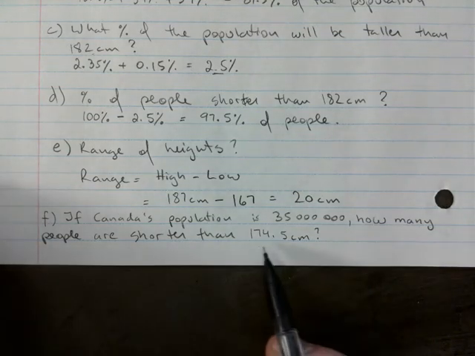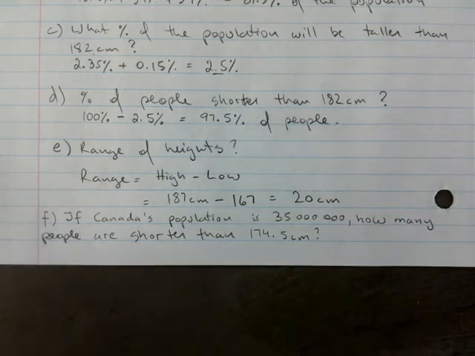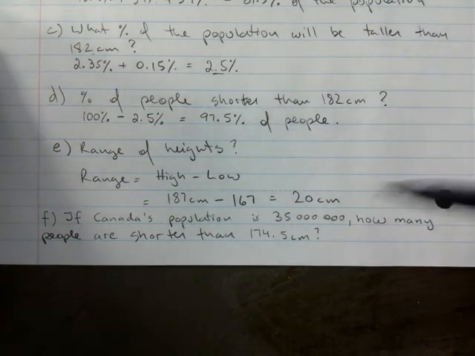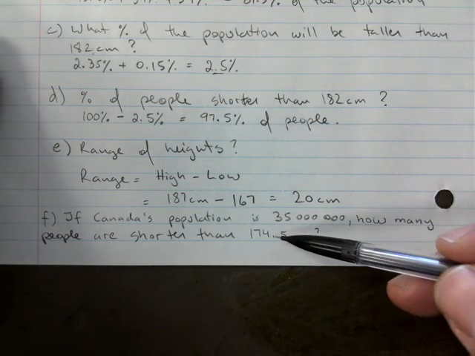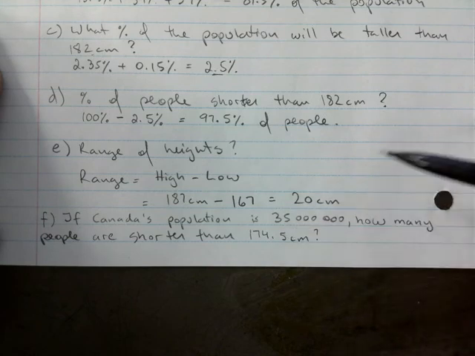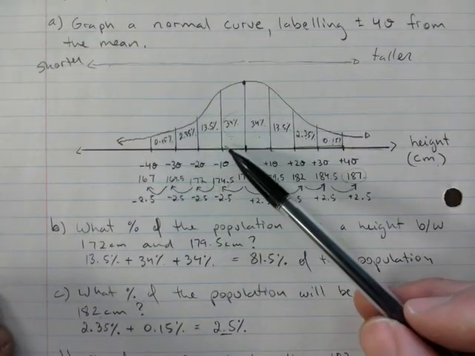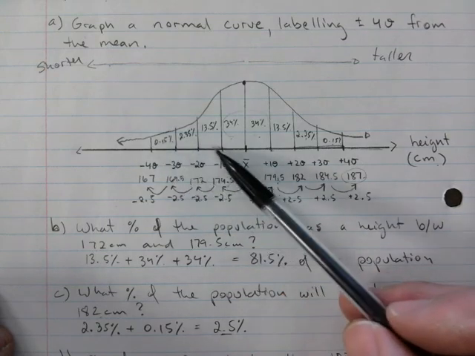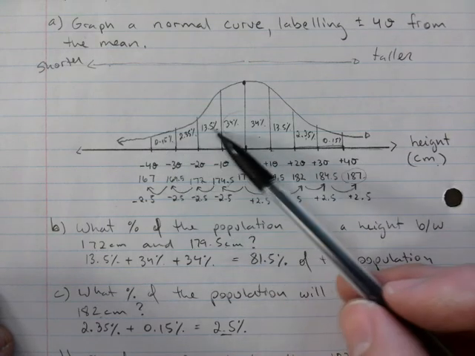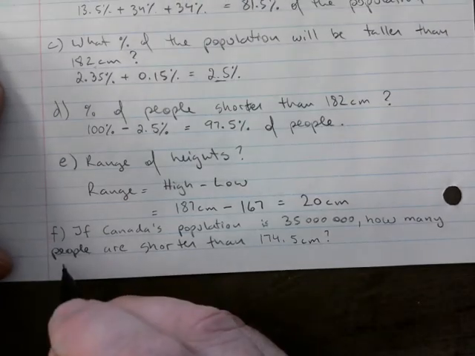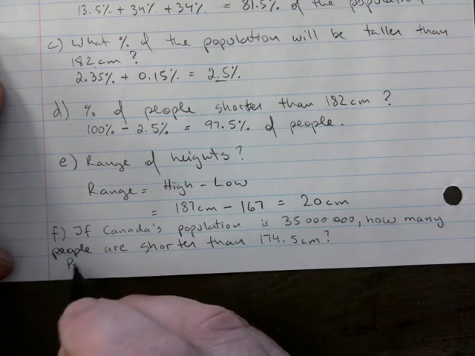Well, shorter than 174, let's go look it up. You go to your table, to your graph. I will do the same. So just hang on there if you're still copying. Shorter than 174 means that I have to add up the percentages to the left. So I'm going to add up probability.